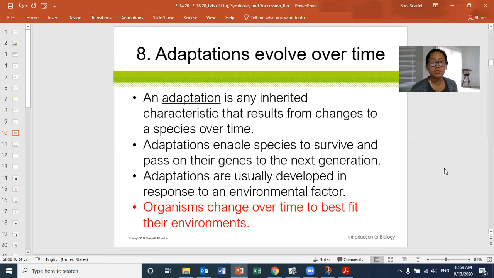Number 8, adaptations evolve over time. So here you see organisms change over time to best fit their environments. The environment's always changing. We can even talk about climate change right now, right? The ocean levels are rising, which means more and more places are underwater. Now, if you are not good at swimming and the place you are living is slowly becoming an underwater place, are you going to find it easier or harder to survive?